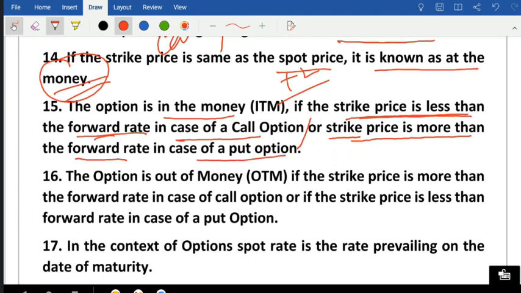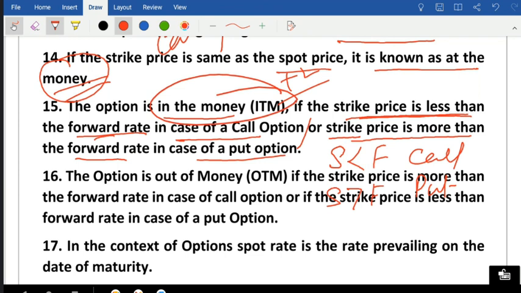So this you have to remember. Strike price less than forward, where call option is there, and S is greater than F if put option is there. This is called ITM.